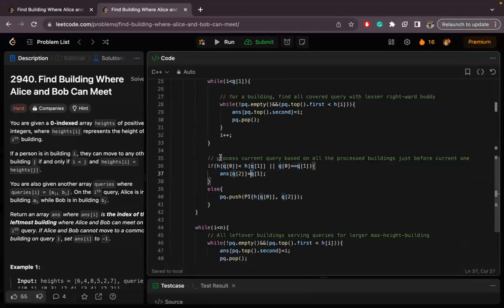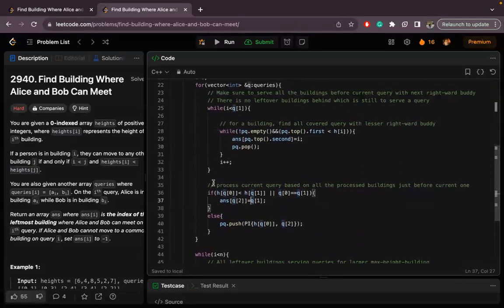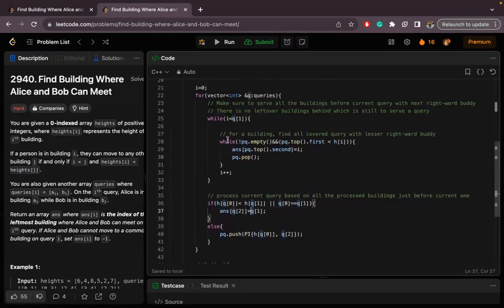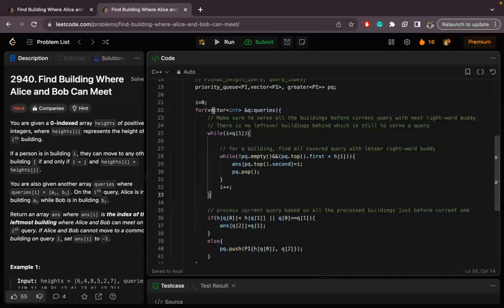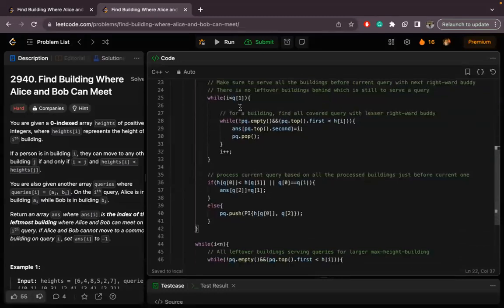And at the last, when we are done with all the queries, obviously we will keep them in the queue, but it is possible that even after looking at all the queries, we may not have gone to all the buildings, because some buildings can come after all the queries.